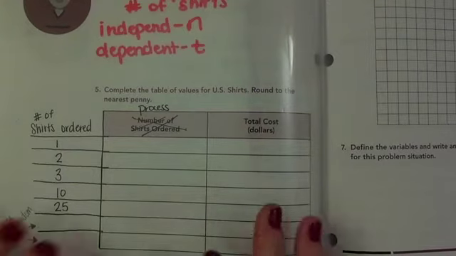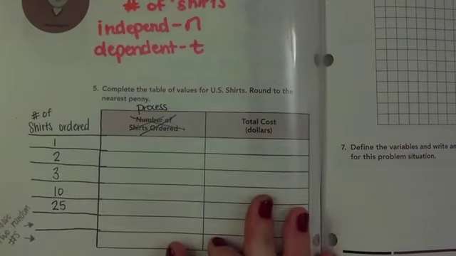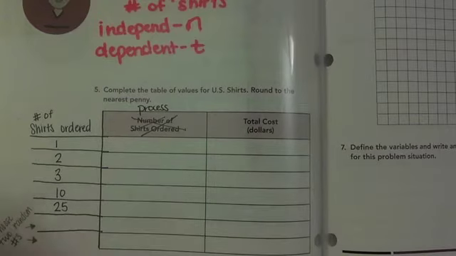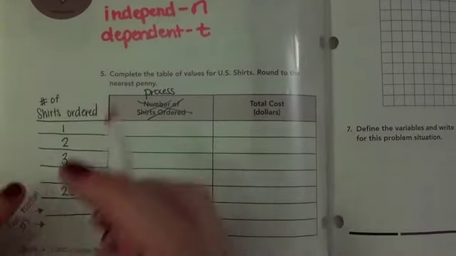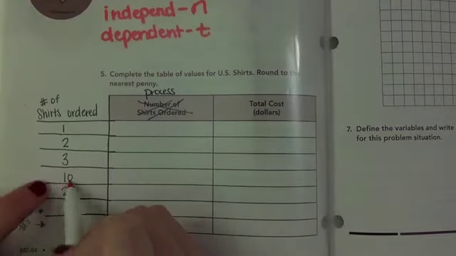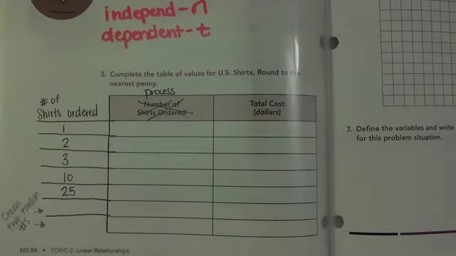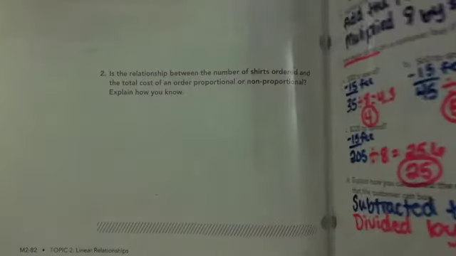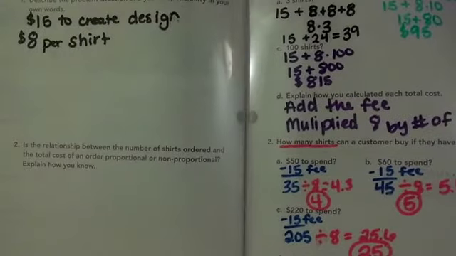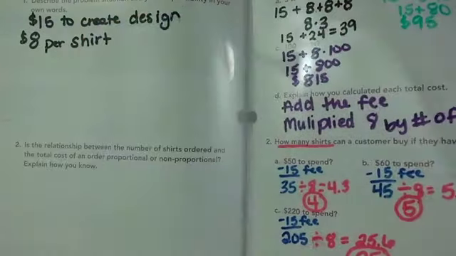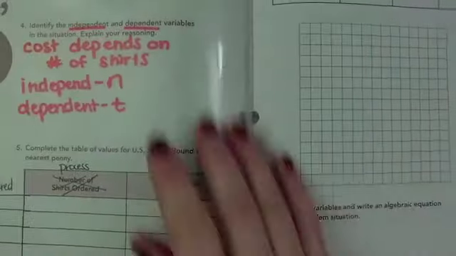Alright, now let's go down here. If we look at our table, notice it has 1, 2, 3, 10, and 25. So if I have a certain number of shirts, remember what we were doing right over here. We did 15 plus the 8 times the number of shirts.